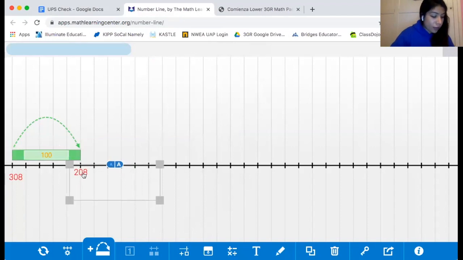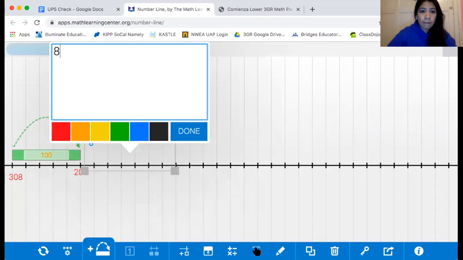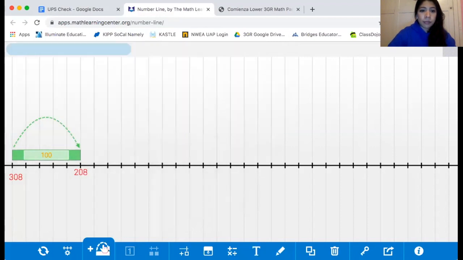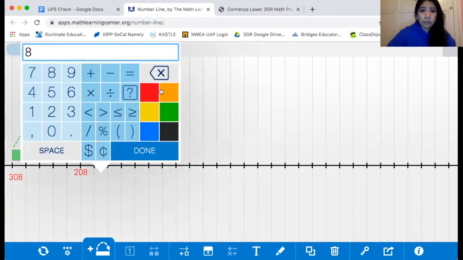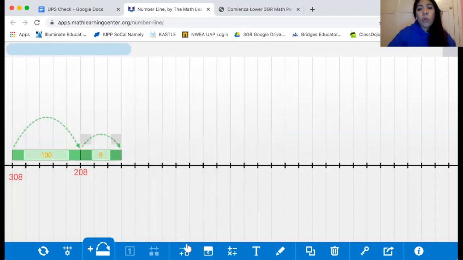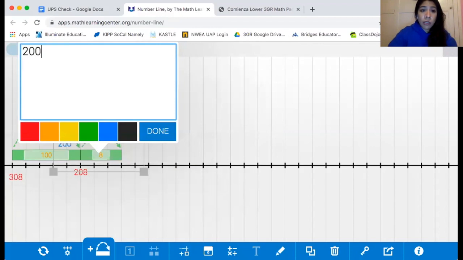But that is hard for me to see. So I'm going to go ahead and first subtract 8 here. So I'm at a friendly number, because that's easier for me to work with. So now I'm at 200.